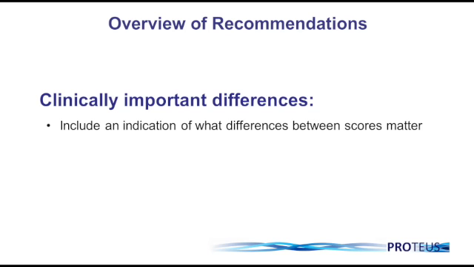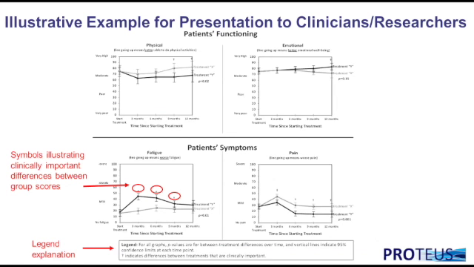For clinicians and researchers, the recommendation is to use some symbol, but not an asterisk given its common use to indicate statistical significance, to indicate which differences are clinically important. In this illustrative example for clinicians and researchers, a cross is used to indicate the time points where the differences are clinically important, and the meaning of this symbol is included in the figure legend.